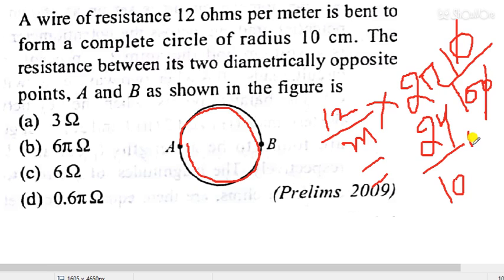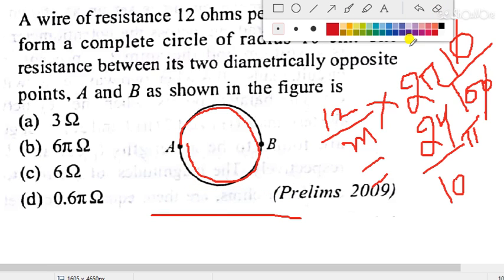So this is the complete wire resistance, students. That means if this wire is straight like this one and is bent into the circle, then this is the resistance. So I will take you to one more simple way, I will explain in a simple way. Wait.